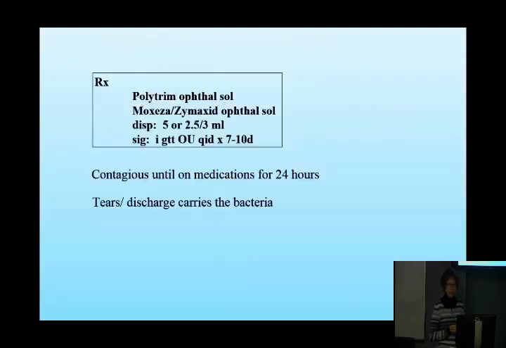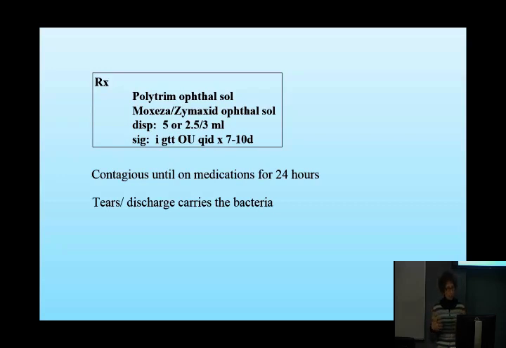As far as medications for bacterial conjunctivitis, one of my favorites is a medication called Polytrim. Polytrim is an old-fashioned drop, it's trimethoprim, sulfa, and bacitracin mixed together. Even if someone has a sulfa allergy, they're normally not allergic to Polytrim. It is great on a very wide variety of bacteria.